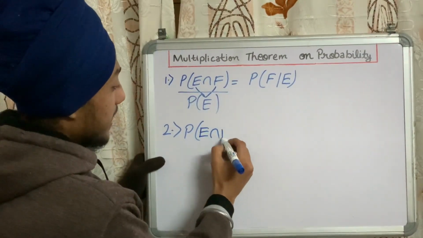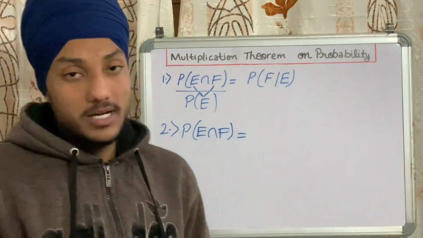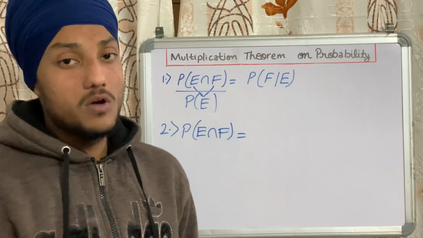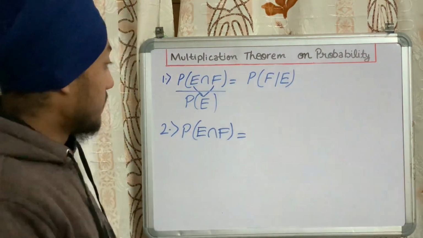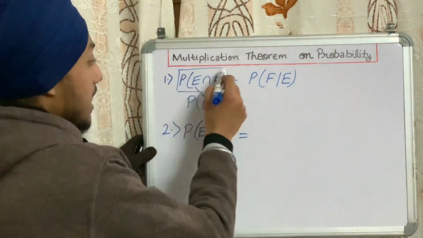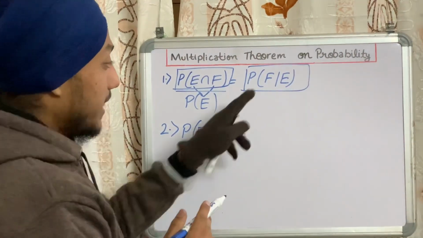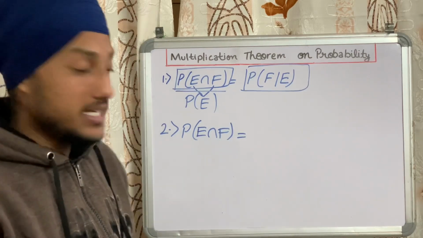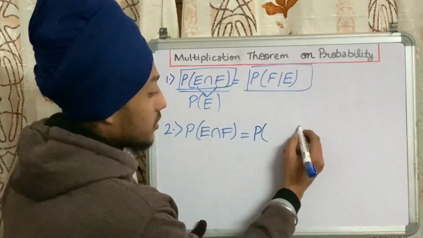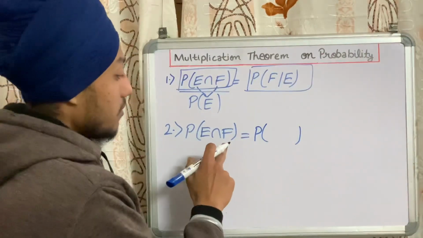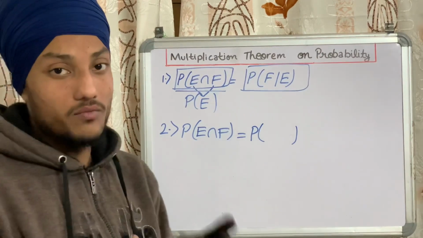The multiplication theorem says that for this common portion, we have to find the probability of occurrence of both the events. So we take the probability of finding only F such that E already exists. So let's look at finding the probability of both events happening at one time.